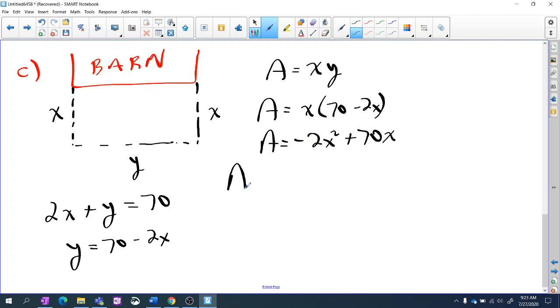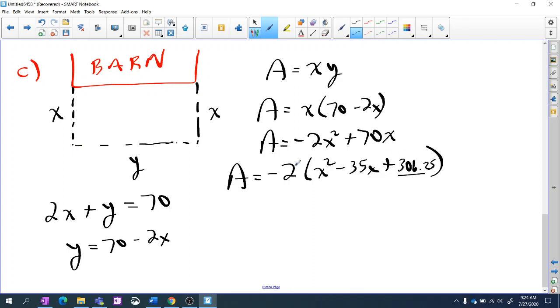We want maximum, so vertex form. So we're going to take half of 35, 17 and a half, square that, which is 306.25.